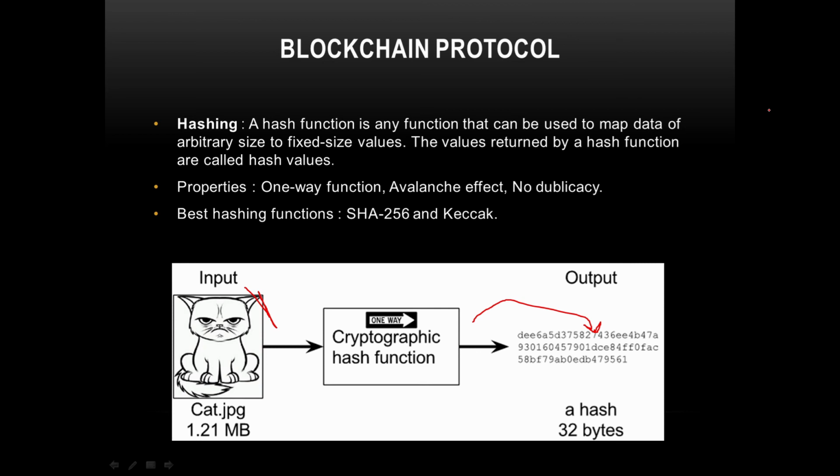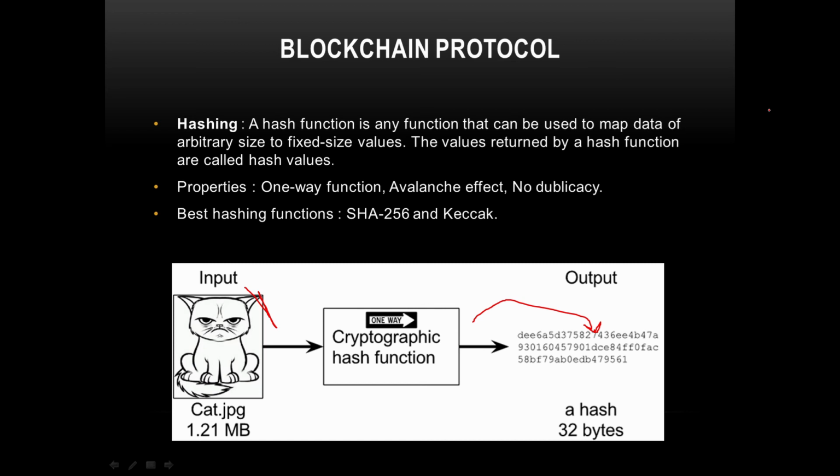The best hashing functions are SHA-256 and Keccak. SHA-256 takes any kind of input and gives output as a 256-bit or 32-byte hash. In this 256 bits, there can be about 2 power 256 combinations, and the probability of getting a duplicate value is very low.